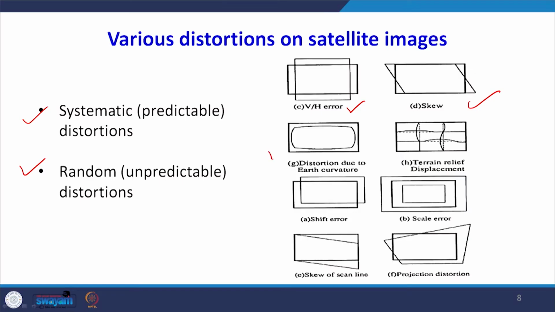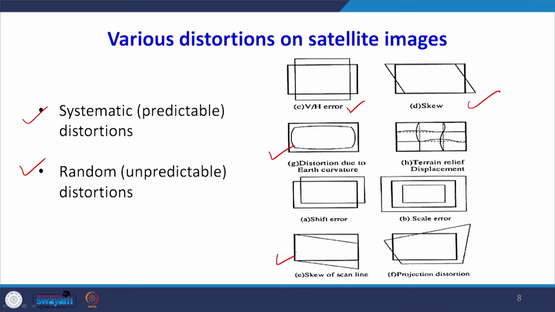Then we have a distortion due to the curvature of the earth, which can give a lot of distortion. Then we can get the skew of the scan lines, because when the earth surface is scanned, by the time the satellite has moved downward by a certain distance, so we get a skewed image in that case.